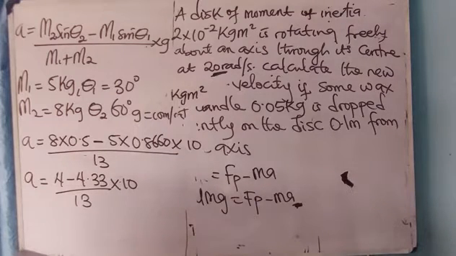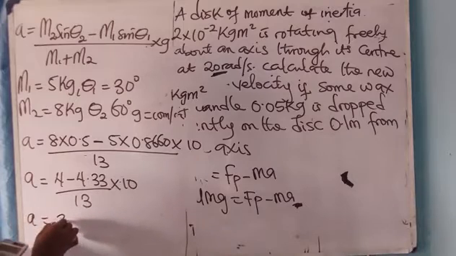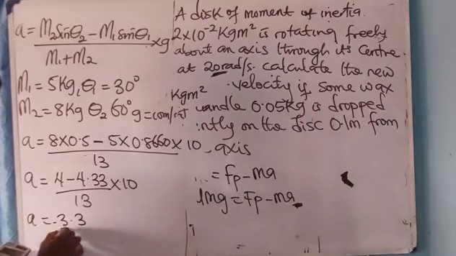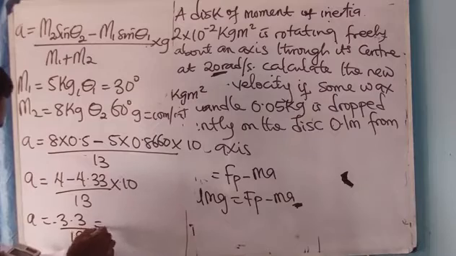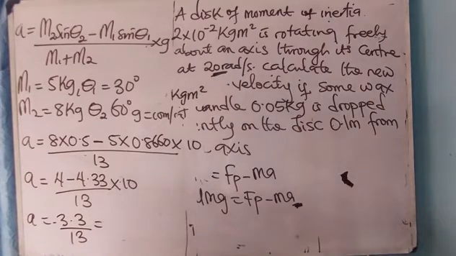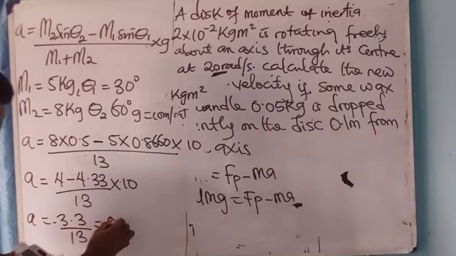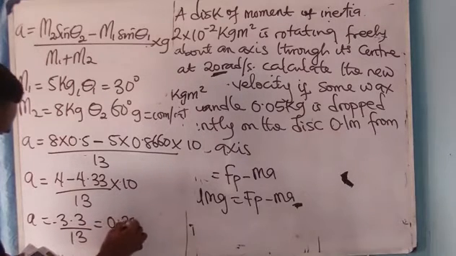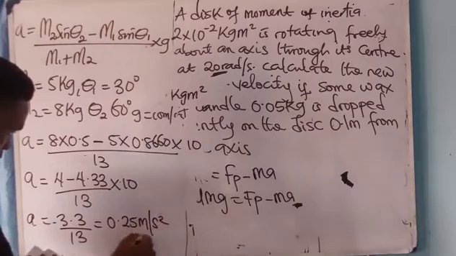So 4 minus 4.33, times 10, is equal to minus 3.3 over 13. 3.3 divided by 13 equals 0.25 meters per second squared approximately.